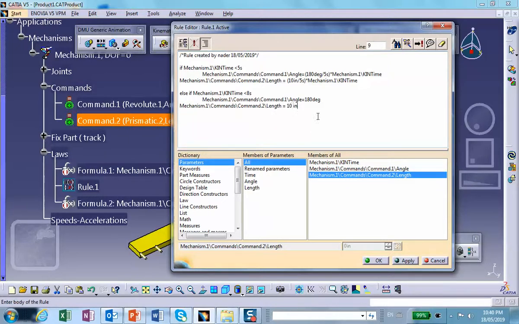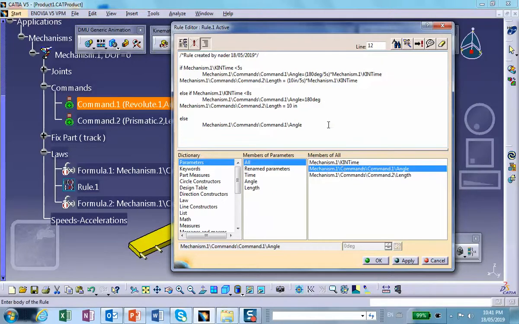And finally, else, if you're past 8 seconds, angle equal to, now do not forget to write 180 degrees plus, because on top of the 180 degrees that it was there, it starts growing.